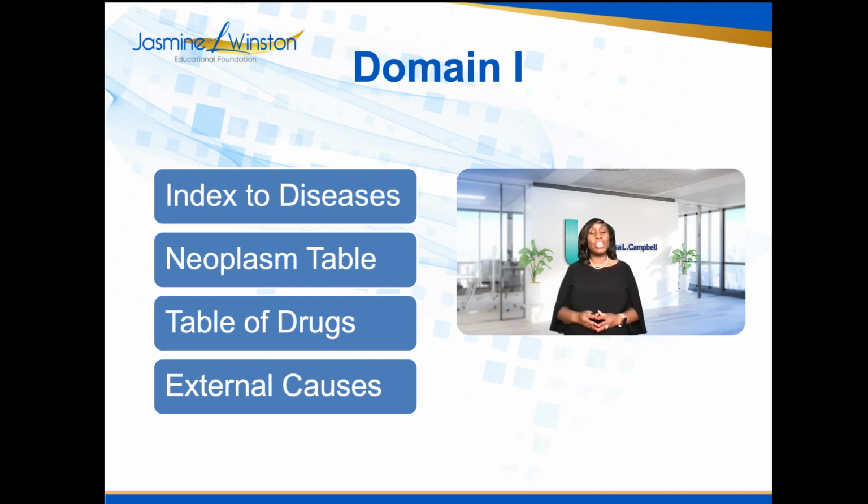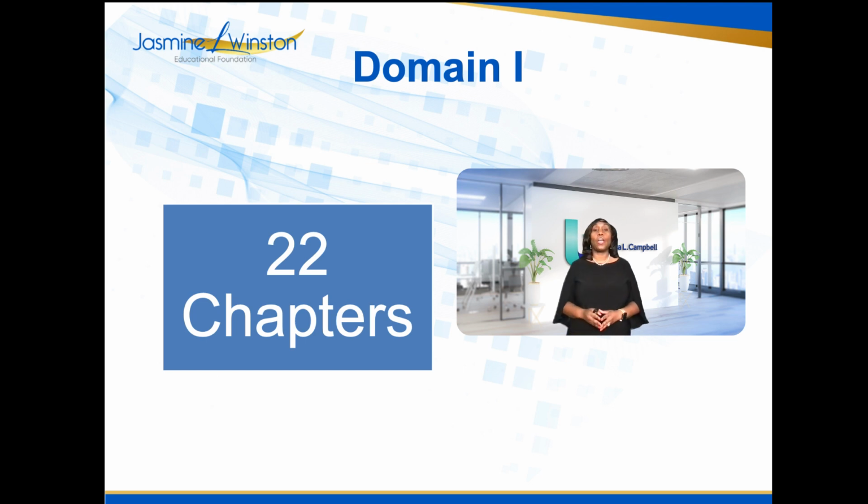You are going to hear me say guidelines, guidelines, guidelines so much that you're going to be walking around singing it. Guidelines, guidelines, guidelines. So that was the alphabetical index. The second part is the tabular list. The tabular list consists of 22 chapters.